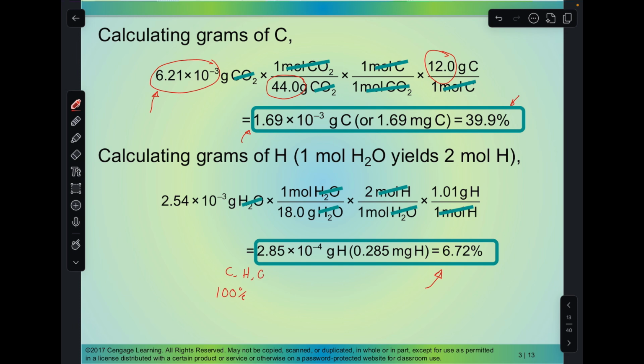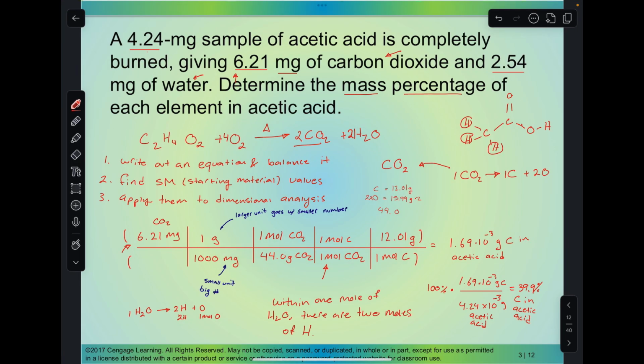So that means if we know the total equals 100%, and we know the percentage of carbon and hydrogen, then we can calculate the amount of oxygen. So we would say that the amount of oxygen is equal to 100 minus C plus H. And that's what you're about to see on the previous page, but I want to show something.